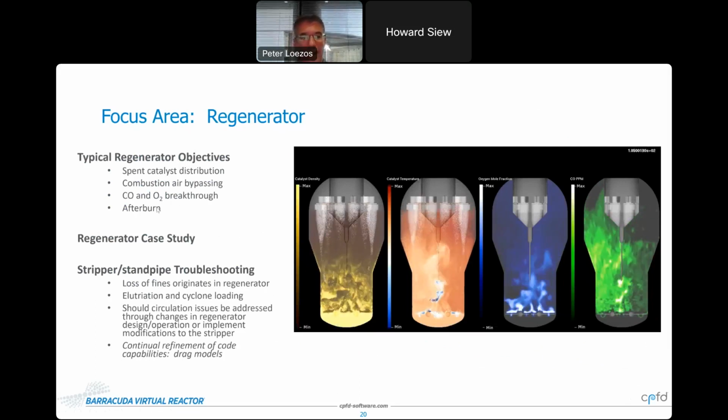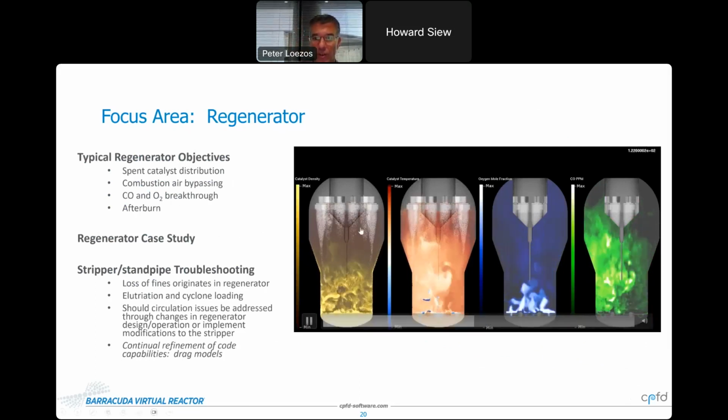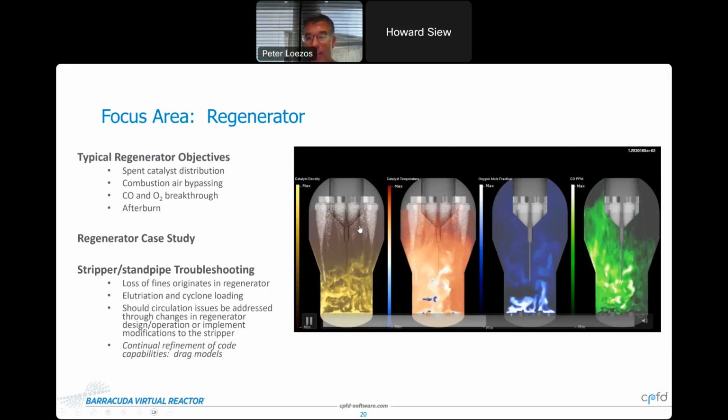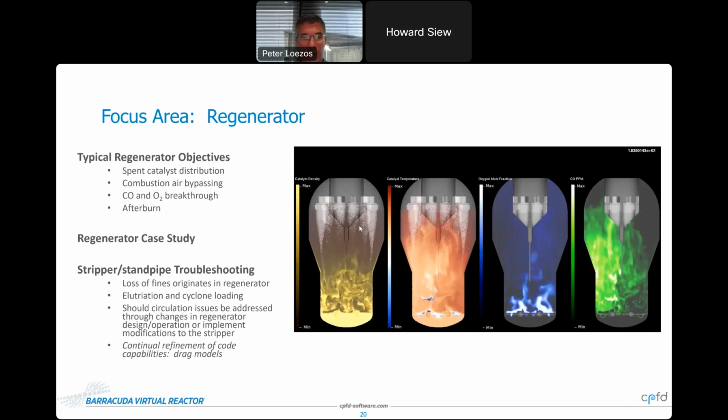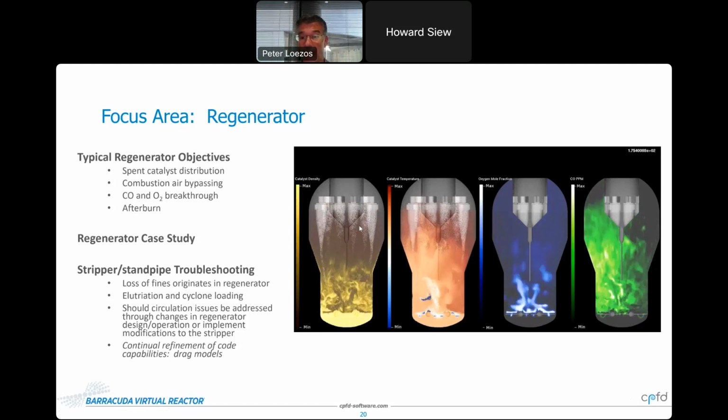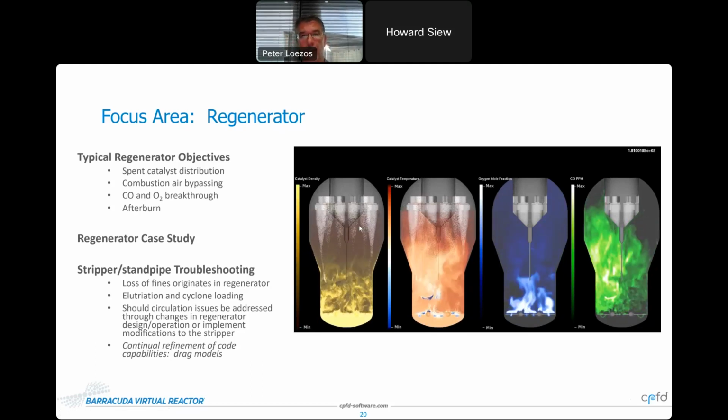So let me highlight a typical regenerator case study that we performed using Barracuda Virtual Reactor, and that is shown here on the right. In this particular case, the refiner was experiencing significant afterburn in the dilute phase of the FCC regenerator, and they came to CPFD to, A, get help in identifying what the root cause of that afterburn was, and B, also look at design modifications that they could implement in their upcoming turnaround to mitigate the extent of afterburn.